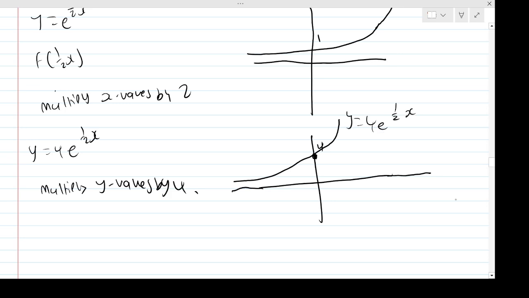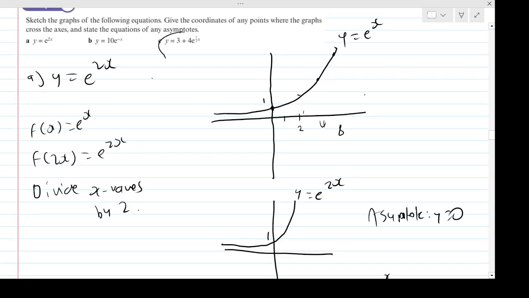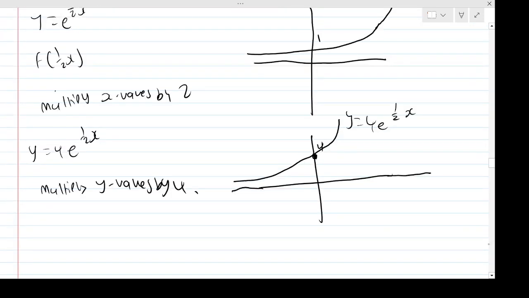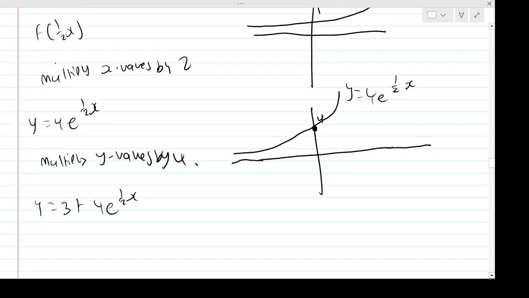Then lastly, we need to sketch not 4e to the half x, but 3 add 4e to the half x. So we need to add 3 on. So y is 3 add 4e to the half x. Actually the 3 is outside, so we do what we expect. What do we expect? We expect to add 3 to all the y values.